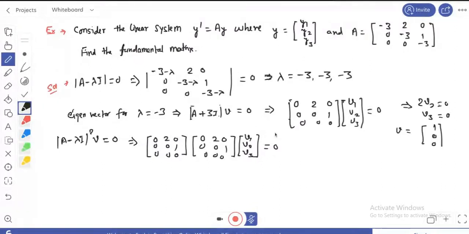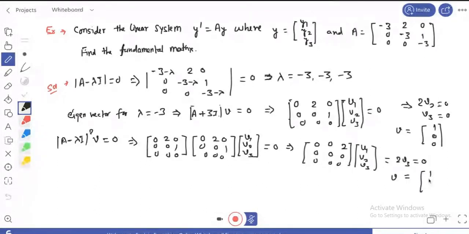If we multiply these two matrices, we get 0, 0, 2; 0, 0, 0; and this last row is 0, times V1, V2, V3. From here, if you multiply, 2V3 equals 0 and nothing else. So in that case, your V is 1, 1, 0, since V3 is 0.